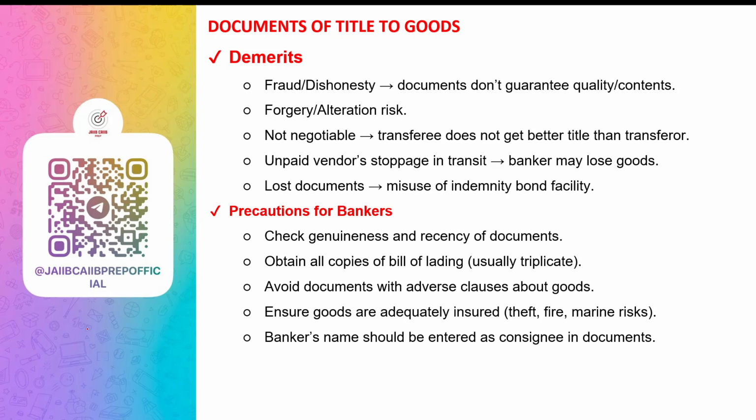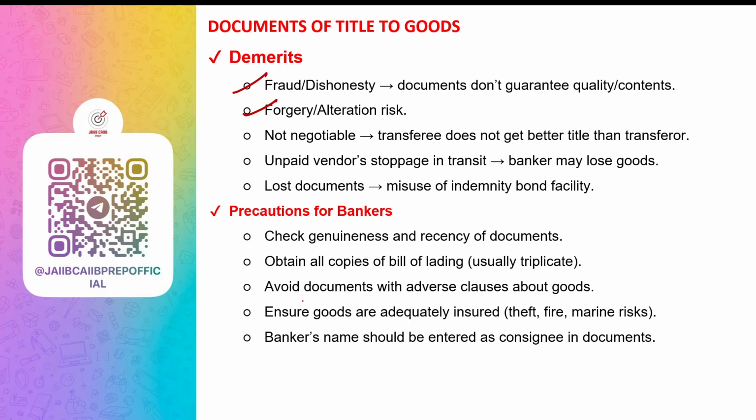Demerits: documents do not guarantee the content, so bags may contain worthless items, so a risk of fraud is always there. Quantity and quality may be tampered, so forgery or alteration risk. They are not fully negotiable.